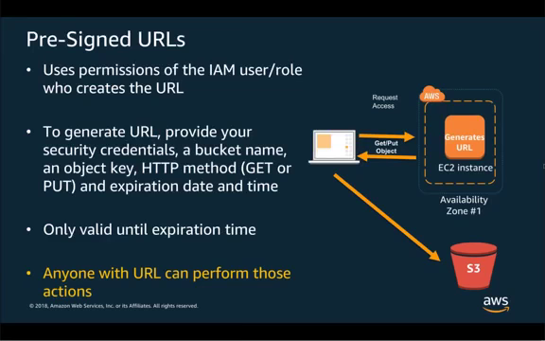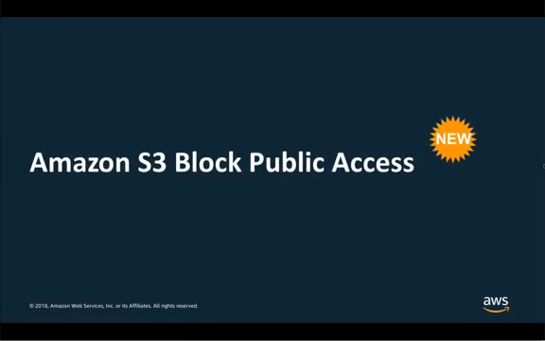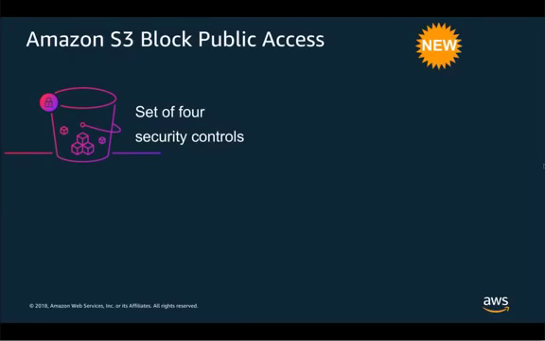Okay, so we talked about the different access control mechanisms. Let's move to a new topic. This feature is something that we launched a few days ago. It's called Amazon S3 Block Public Access. Amazon S3 Block Public Access is a new set of security controls that makes it easier for customers to prevent application of any settings that allow public access to data within an S3 bucket or within an account.